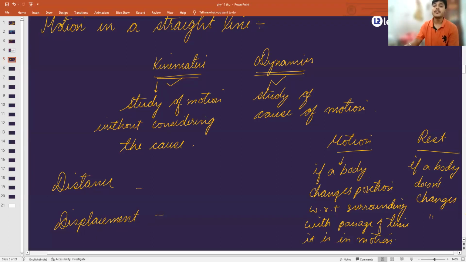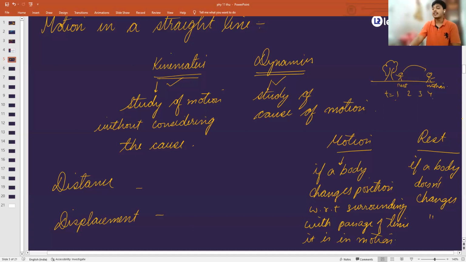For example, if a boy is standing near a tree and time passes, t equals 1 hour, 2 hours, 3 hours, 4 hours, and the boy is not changing his position with respect to the tree, because I have considered the tree as the frame of reference, the boy is said to be at rest. And if he changes his position at the 4th hour, let us say he is here, he is said to be in motion. Either it is at rest if it is not changing its position, or if it is changing its position, it is said to be in motion.